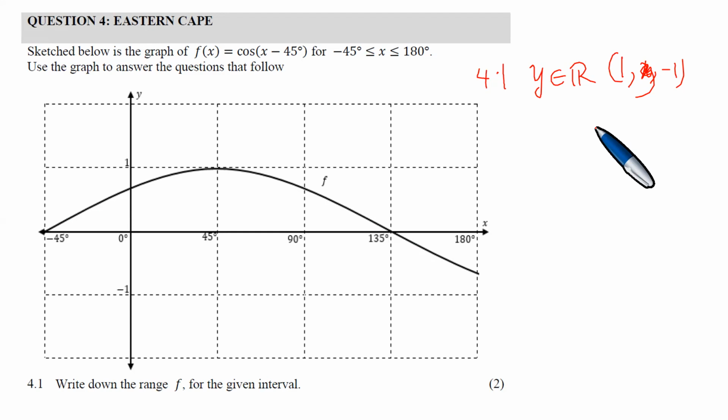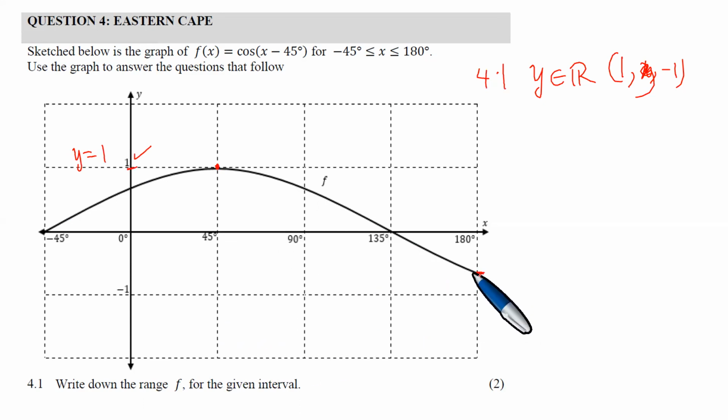Okay, this one is pretty an easy question. But what is key is to identify the range for the given interval. Look at the maximum y value. What is the y value there? It is 1, right? So we realize that y is 1 there. Okay, now here, where does it get to?